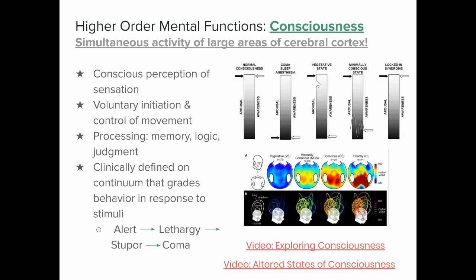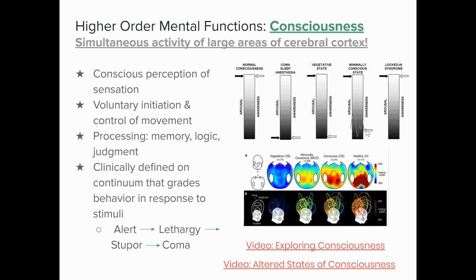The vegetative state, the arousal is high, so maybe with pricking, like putting a pin on someone's skin, arousal's there, but the awareness that that's going on is low. And the minimally conscious state is somewhat similar. You can see the awareness is a little bit up there.